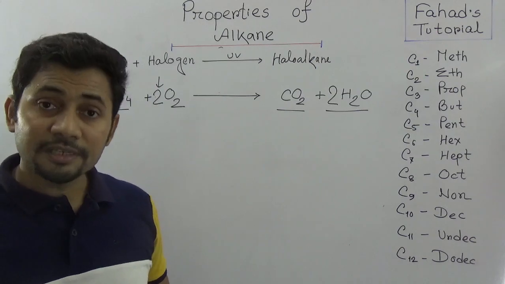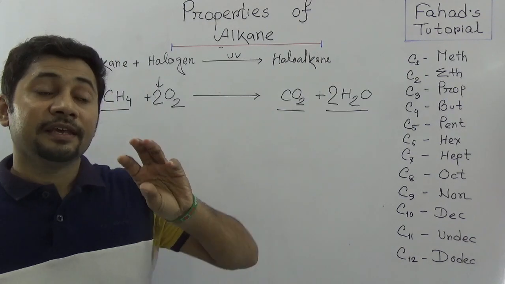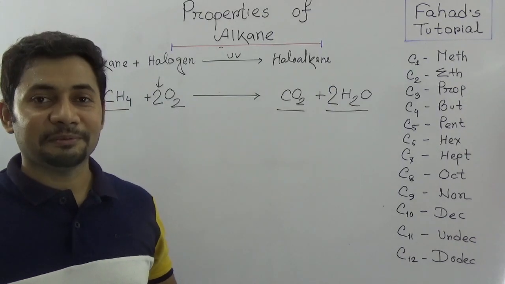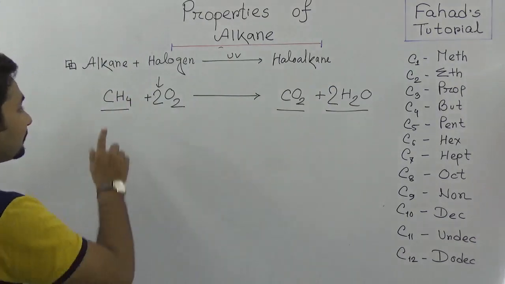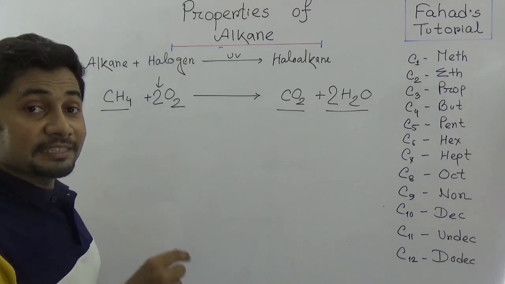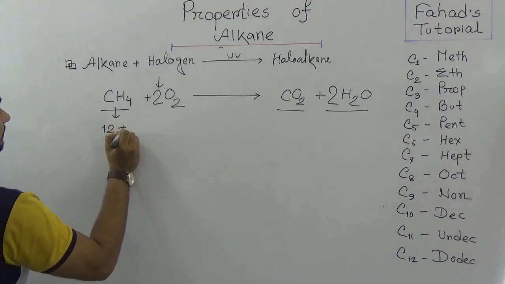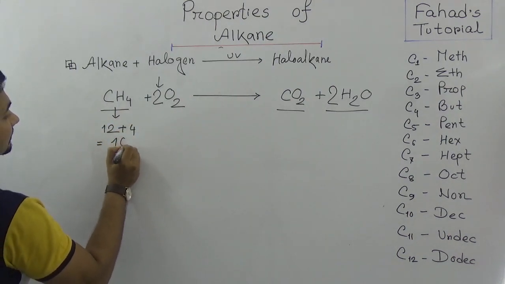In case of stoichiometry, if we look after the amount of the reactant and product, some things will come up. That is, if you just count the relative atomic mass of methane, you'd find carbon plus 4, that is 16.